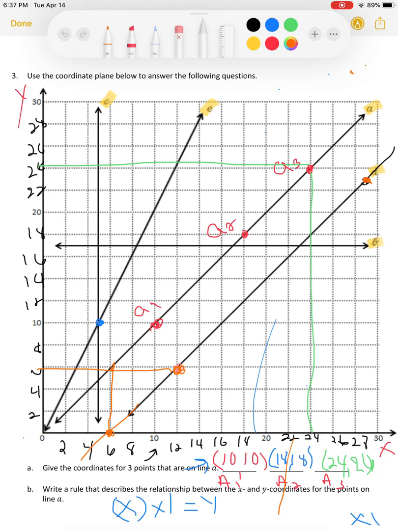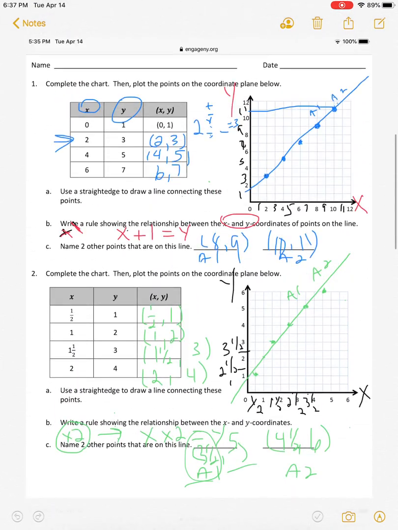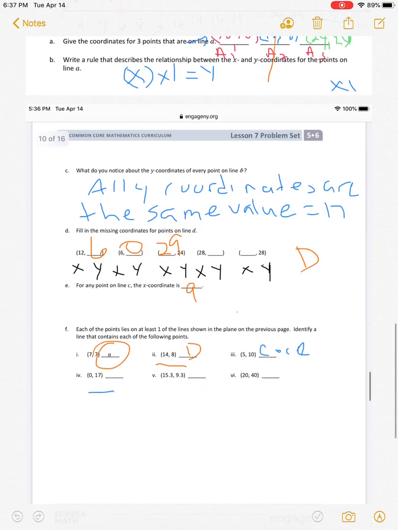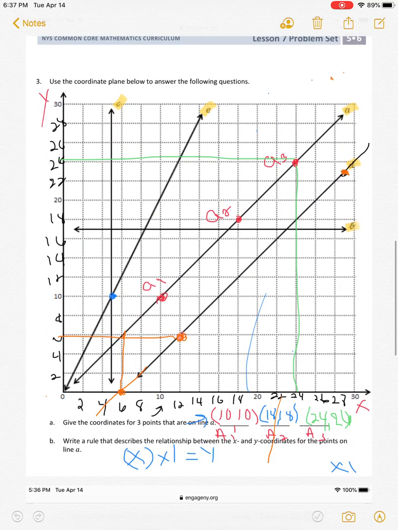0 for x and 14 for y. So 0 for x is here, and we go up to 14. No, was it 14 for y? Ah, 17 for y. So 0 for x and 17 for y.